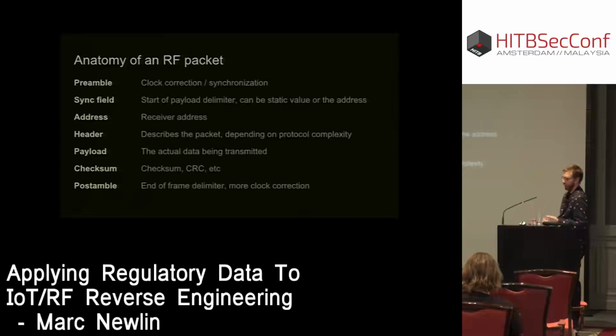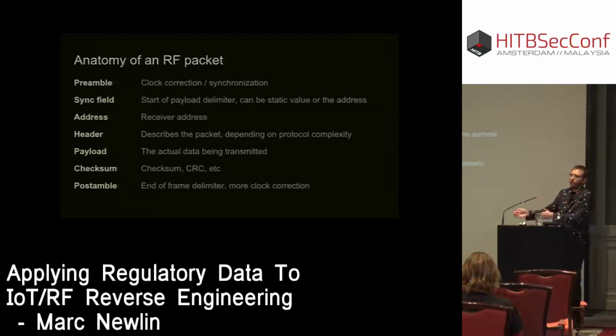You'll then often have a sync field or start frame delimiter. This just says, hey, the packet is starting here. Sometimes the sync field is the address. Sometimes you'll have a sync field which is static for a type of device, and then you'll have an address after that. You might have a header which indicates what type of frame it is, what the frame length is, and so forth. Then you'll have the payload, so the actual data being transmitted.